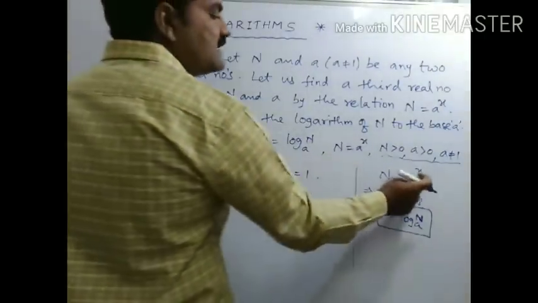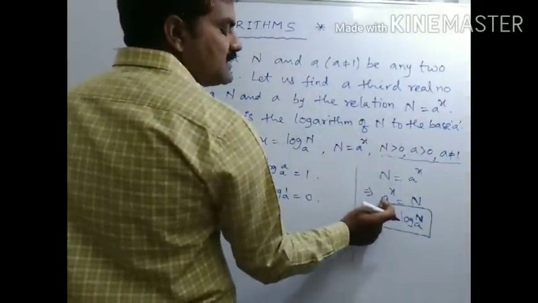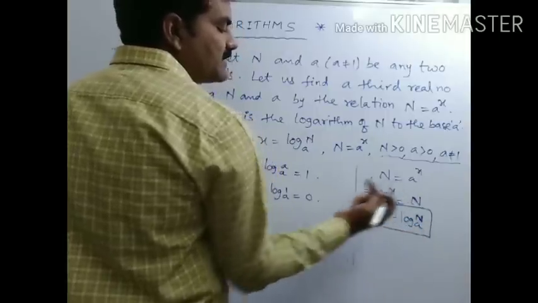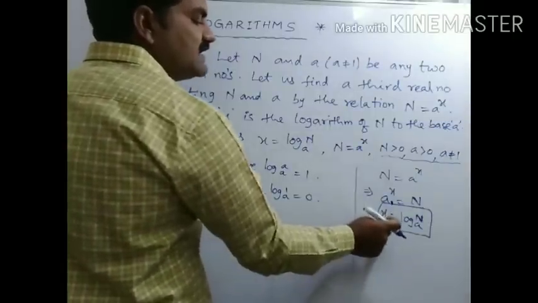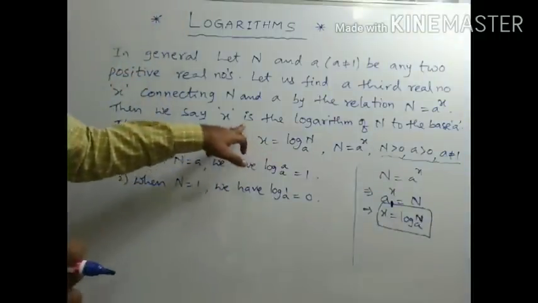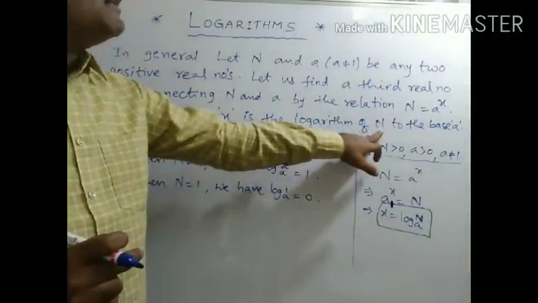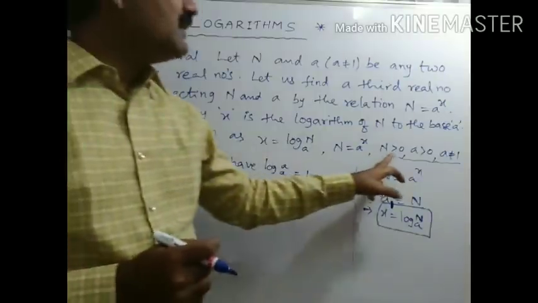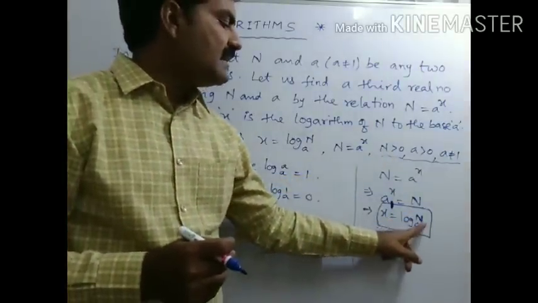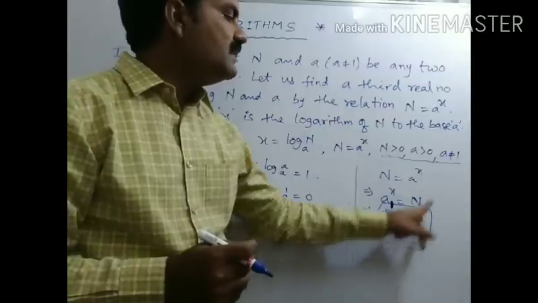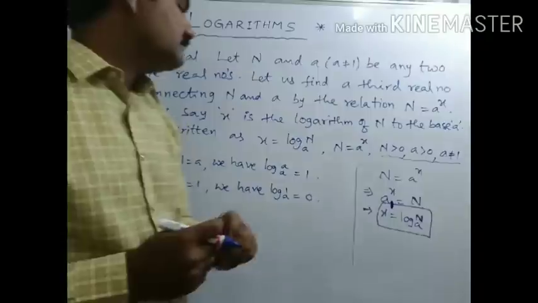From this, the ordinary base a, on sending, we write as a logarithmic base. Hence it is written as x equals logarithm of N to the base a, and read as x is the logarithm of capital N to the base small a. The conditions are very important here: a and N must be positive real numbers, and a should not be equal to 1.